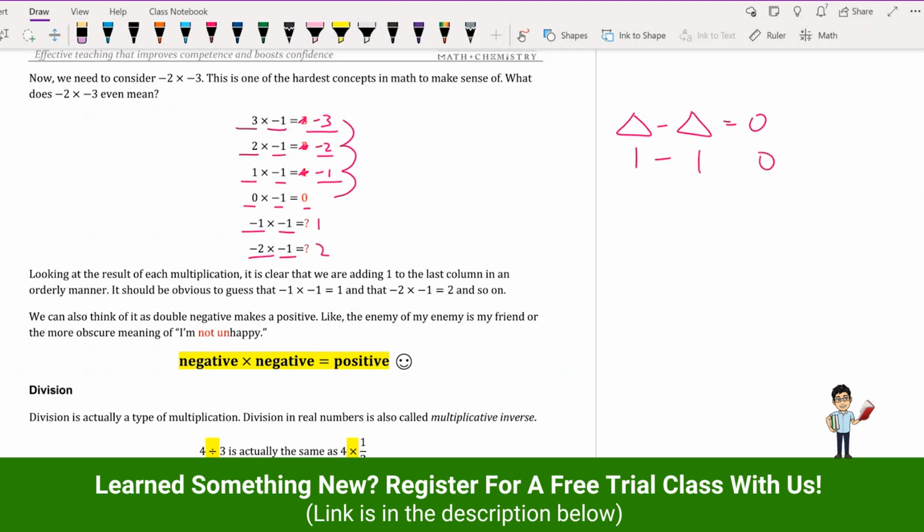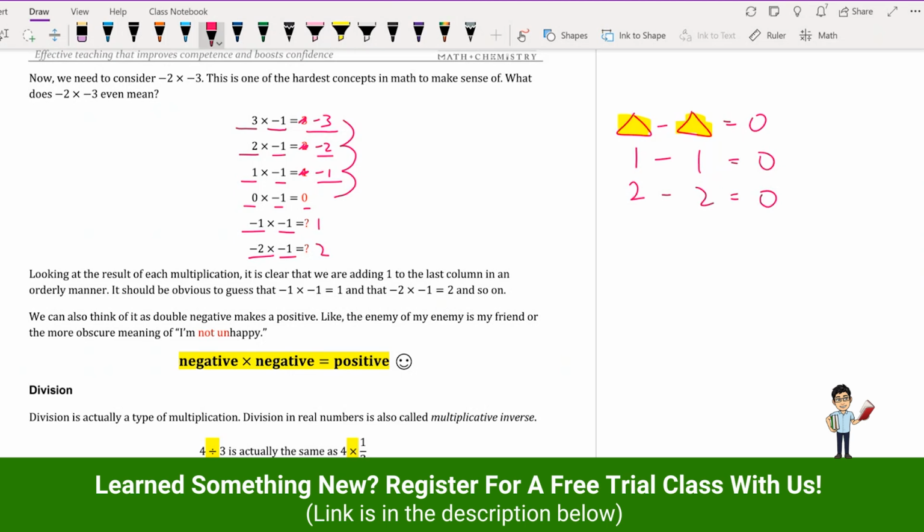I get 0. So if I got 2 minus 2, I get 0. So the idea is quite simple, right? Because if this is the same as this, if they are the same, you minus, you get 0. Make sense?